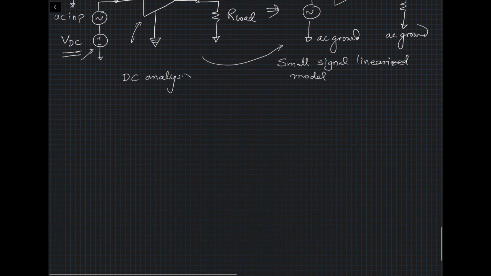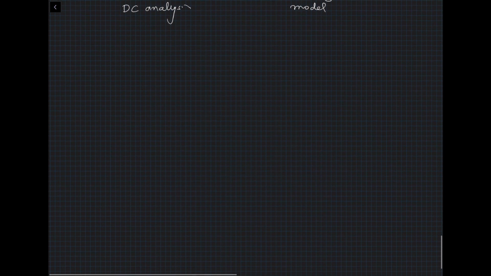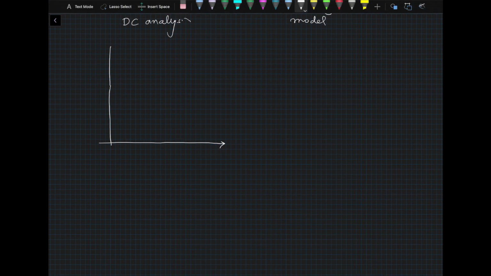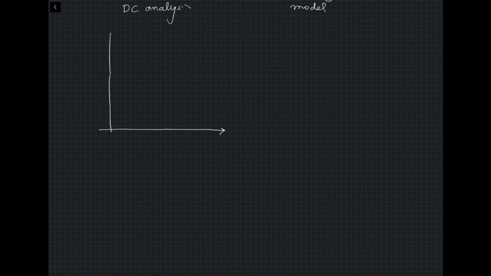Now let's say we decide to plot the transfer characteristics of this amplifier. The transfer characteristics is going to look like this. I'll explain what's on V in and what's on V out. I'm going to exaggerate that a little bit. Let me first use a different color, a yellow color. Let's say this is the supply voltage, and this is another supply.